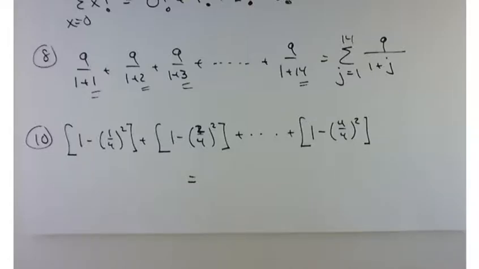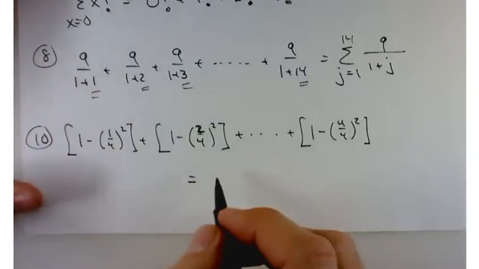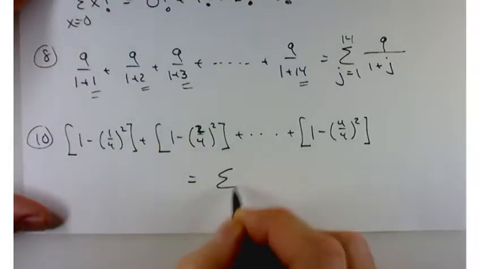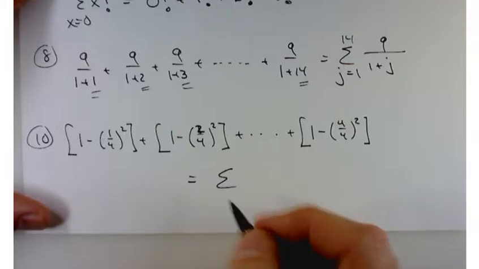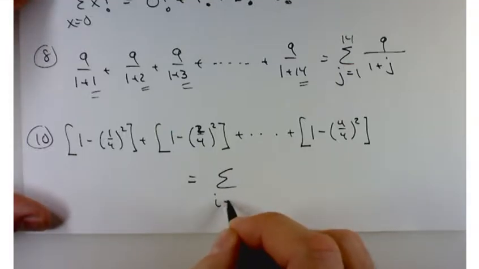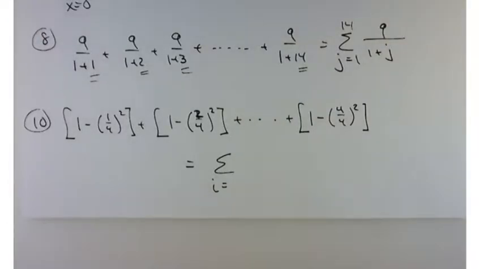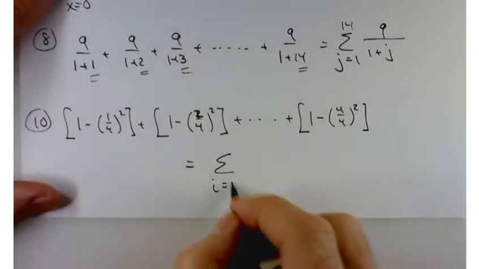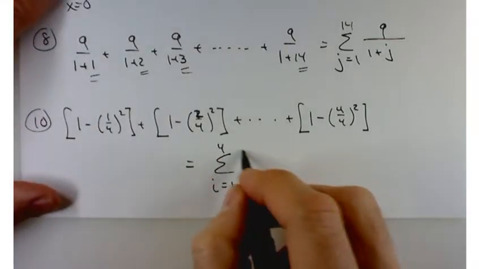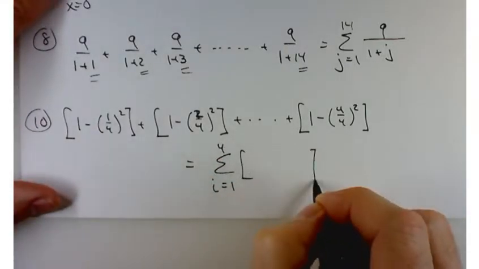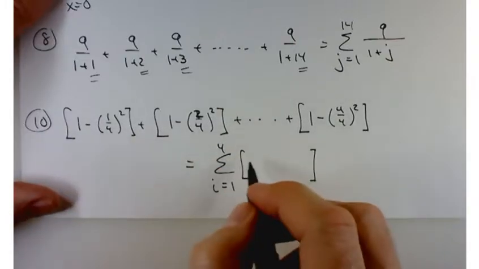We want to write this using summation notation. So it'd be the sum. Let's use an I this time, just to mix things up a little bit. From what to what? All right, 1 to 4. And now you need a general expression for this. Well, the 1 is consistent in all these.